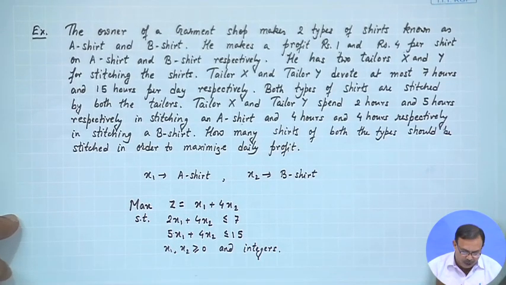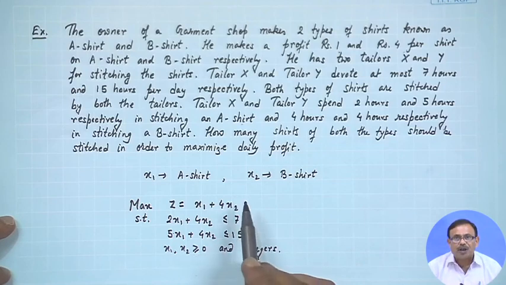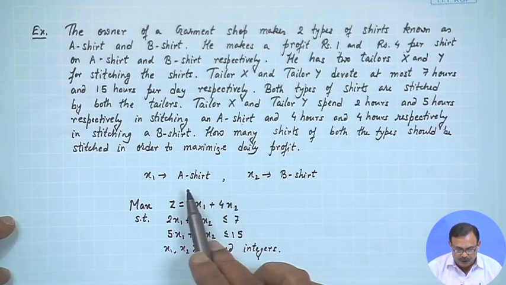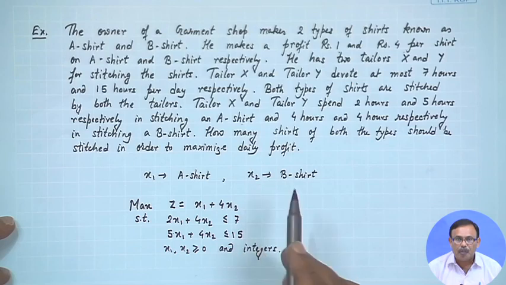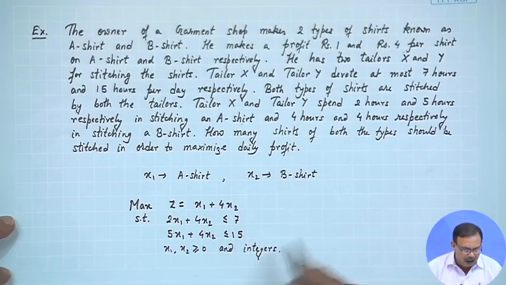Since I have to prepare shirts, both x1 and x2 are shirt counts, therefore they must be integers.